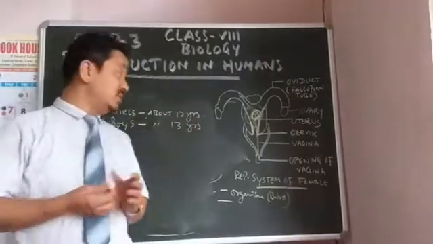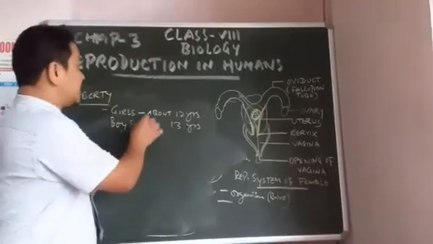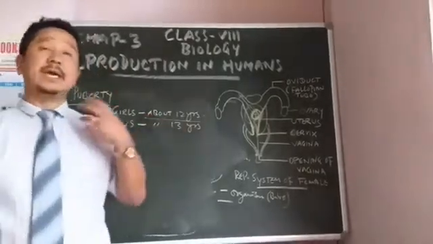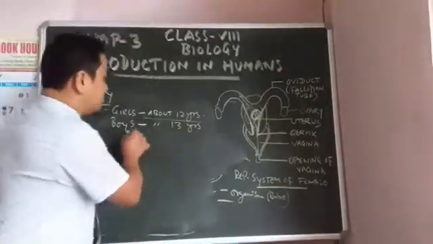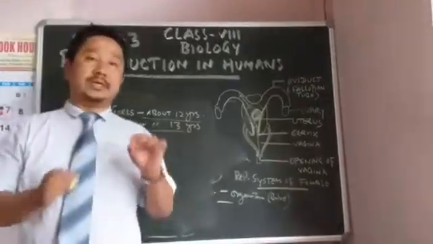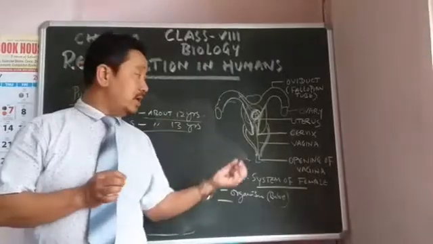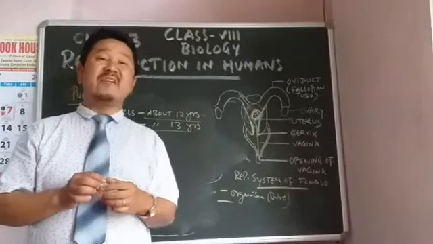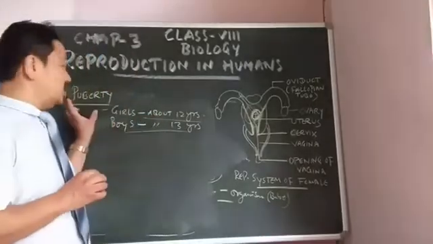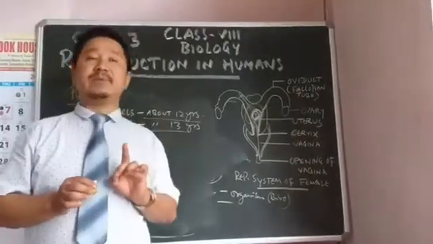The first mark of puberty in girls is the enlargement of the breasts, and in boys, the testes, from where the sperms are produced, will be enlarged. This is the first sign of attaining puberty.